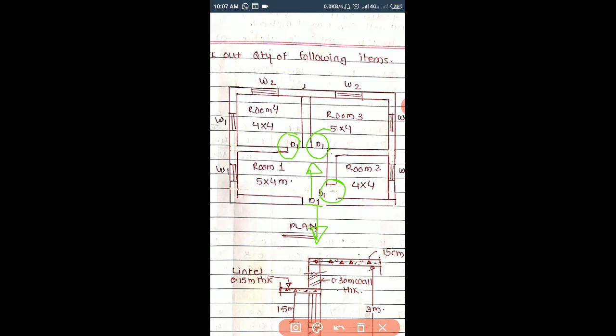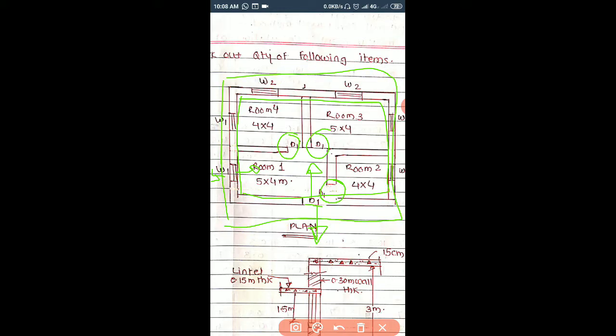So what we will do here, we will consider half deduction in the external plastering and half deduction in the internal plastering. Similarly all these windows are internal and external. For internal plastering we will consider half the windows, and for external plastering we will consider half the windows.